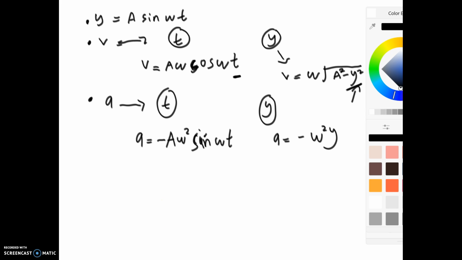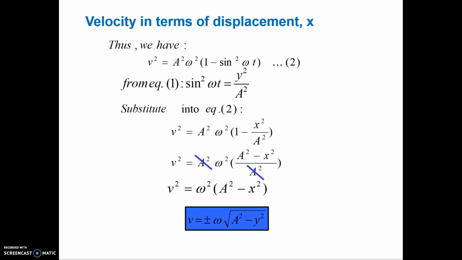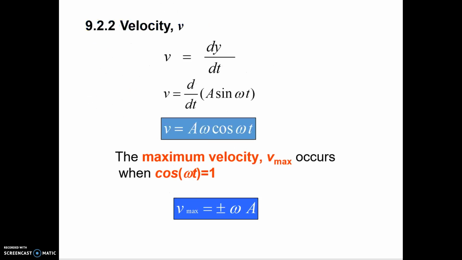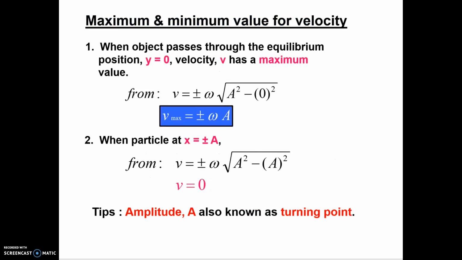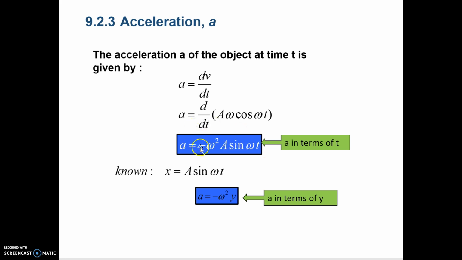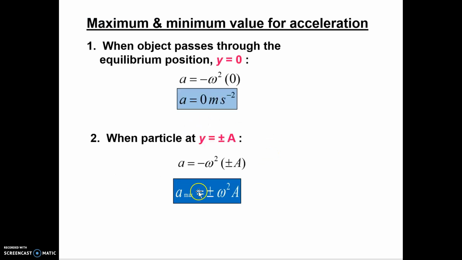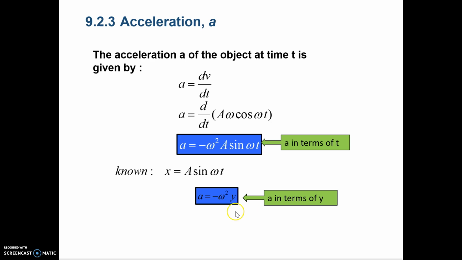You can look at the steps of derivation here. Velocity is dy over dt, so v is the derivative of A sine omega t, and differentiating sine gives cos. Then the equation of acceleration in terms of t, and in terms of displacement.